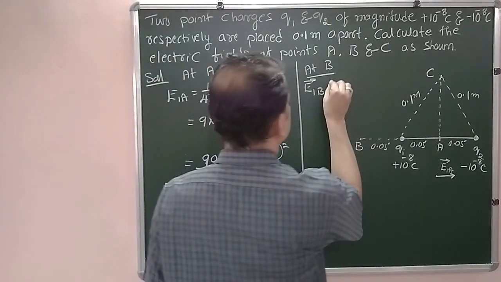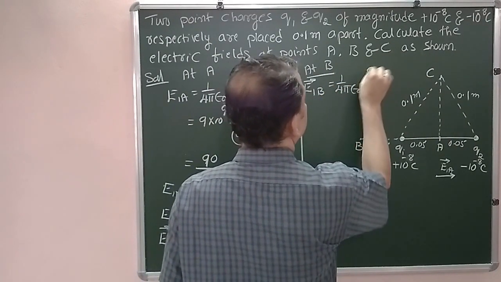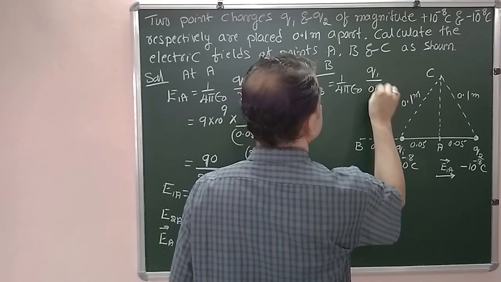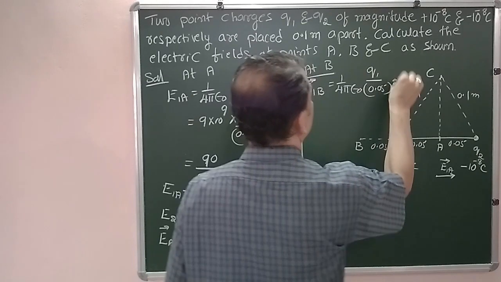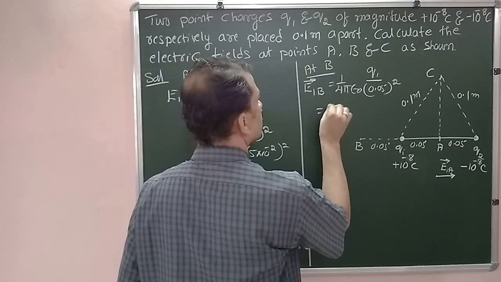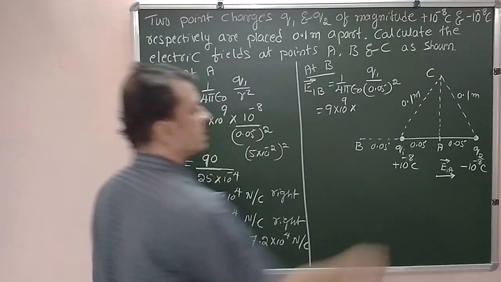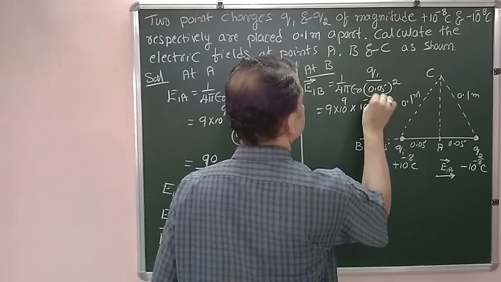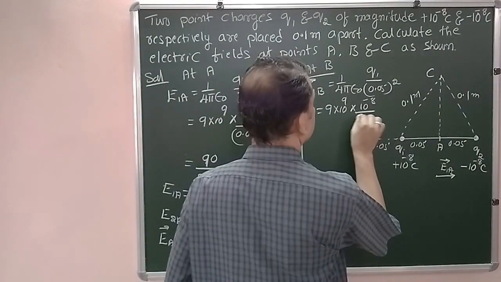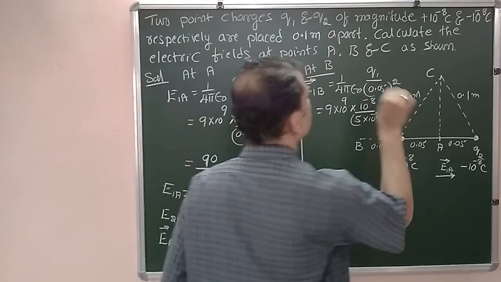E1B is equal to 1 divided by 4 pi epsilon naught into Q1 divided by this distance 0.05 whole square, where 1 divided by 4 pi epsilon naught is 9 into 10 to the power of 9, into charge 10 to the power of minus 8, divided by 0.05 square, or you can write it as 5 into 10 raised to minus 2 whole square.